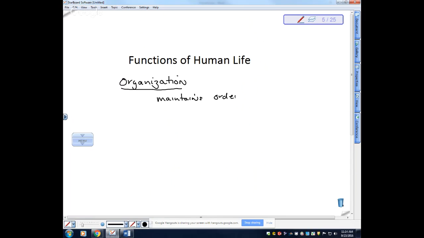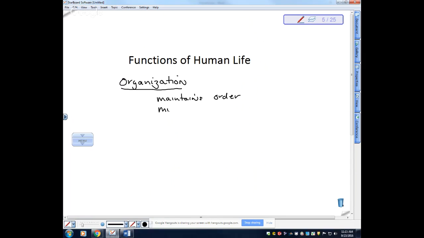Because one of the fundamental properties of our universe is that if you don't put energy into maintaining order, things will go to a state of disorder. So things tend to become more disorganized. And so we have to use energy to maintain that order.